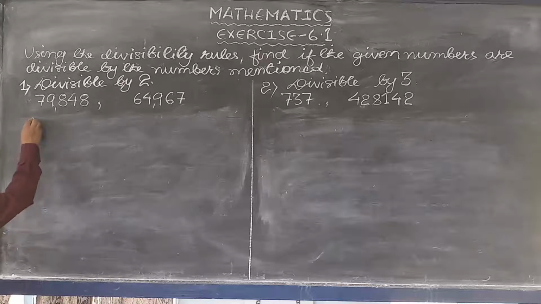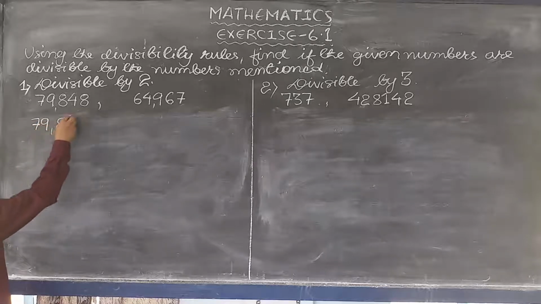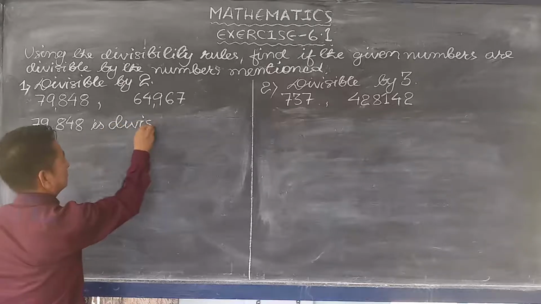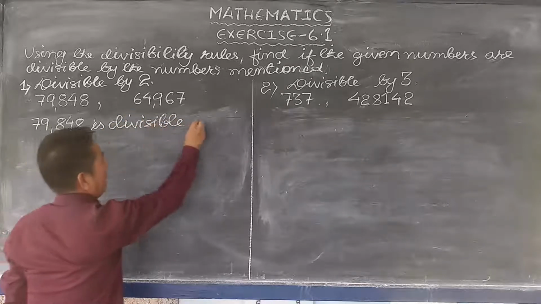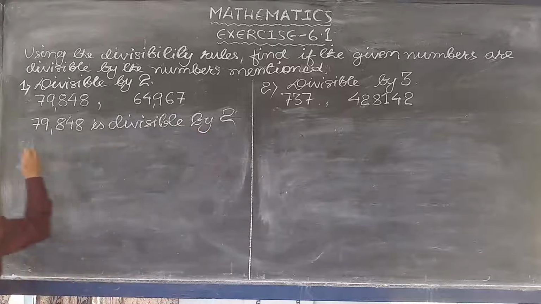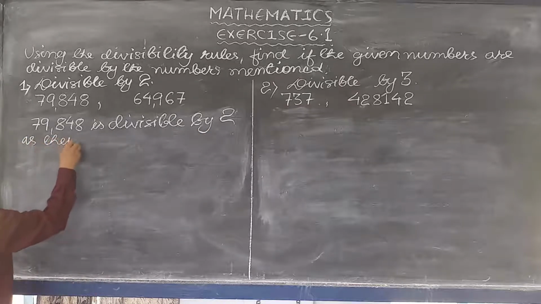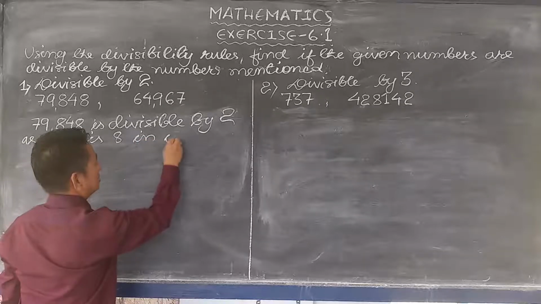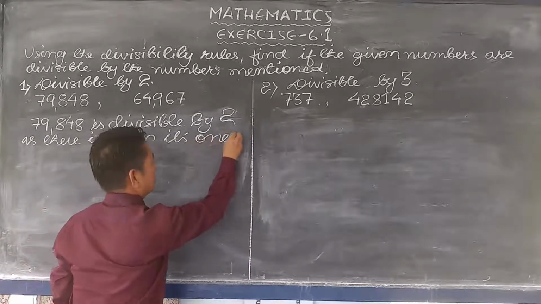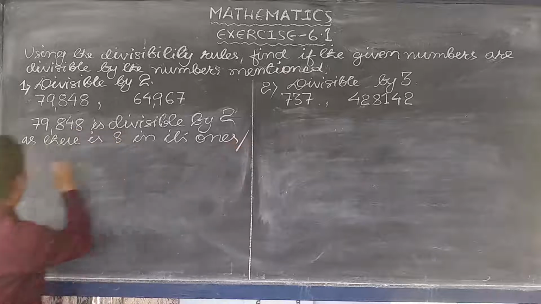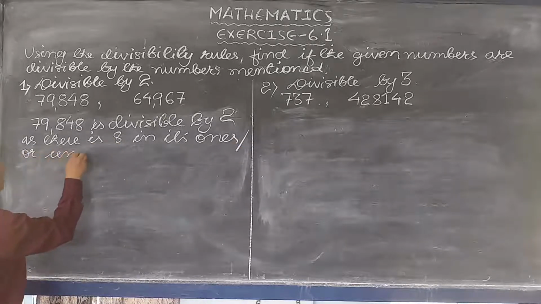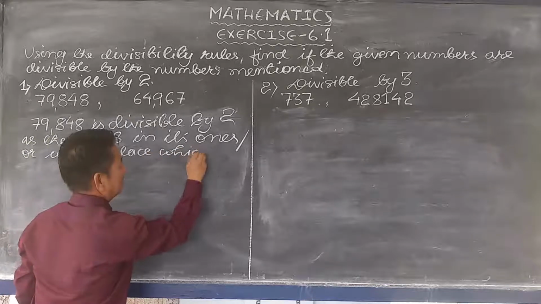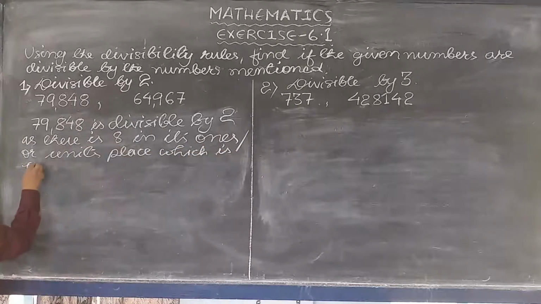We'll write simply, 79,848 is divisible by 2. Reason, as there is 8 in its ones or units place, which is an even number.